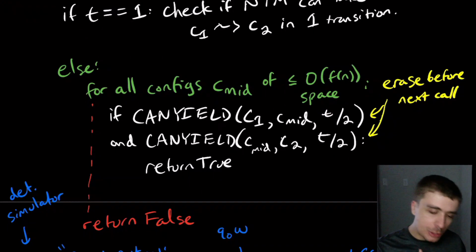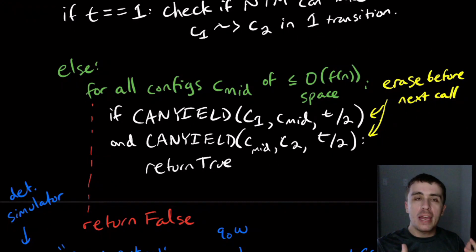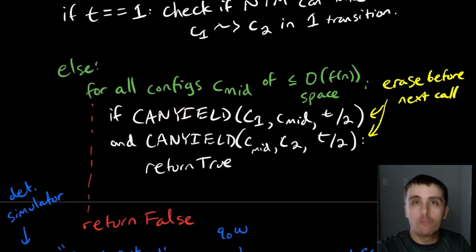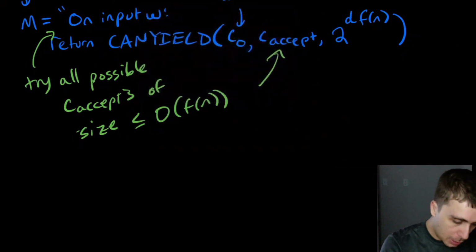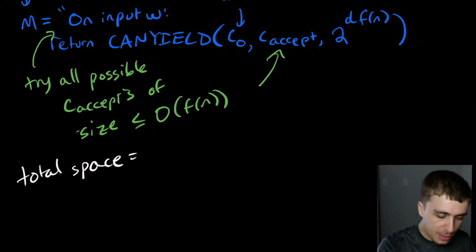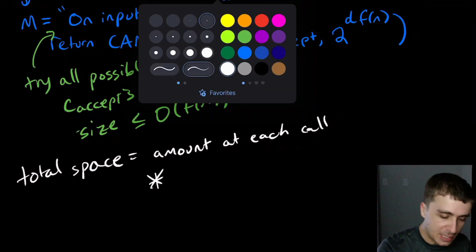So that means that the amount of space that's needed in this whole thing is the amount of space at each of these recursive calls times the depth of the recursion. So let's write that down. The total space is going to be the amount at each call times the number of recursions, or not the number here, times the depth, I should say.